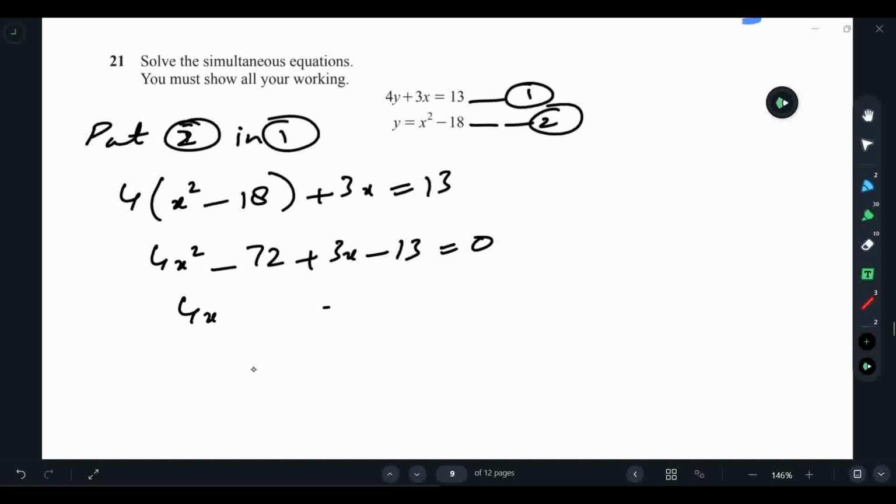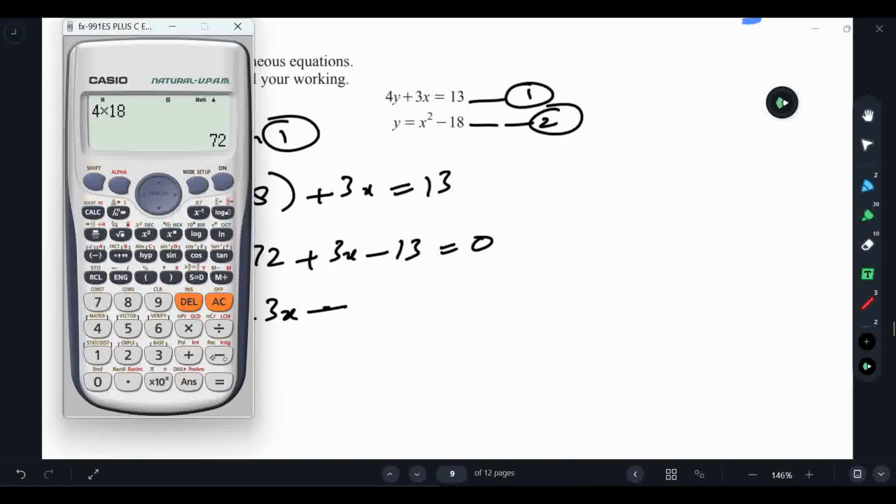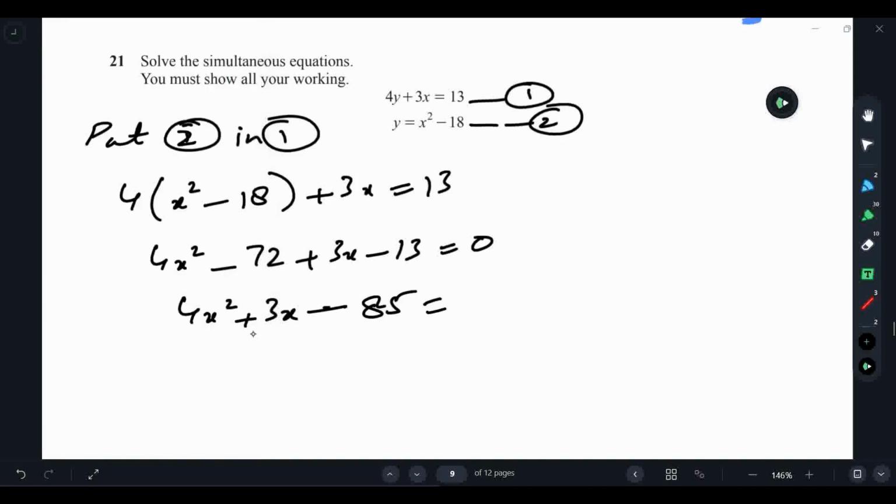So 4x square plus 3x minus 72 minus 13. So this will be minus 85 is equal to 0.